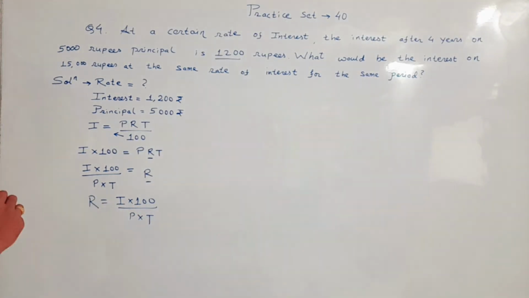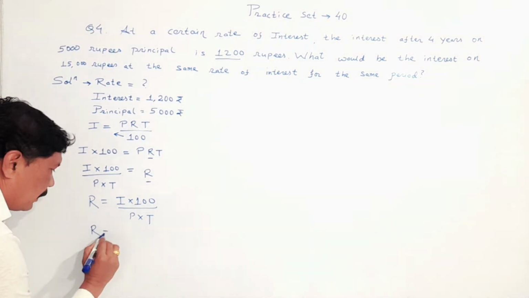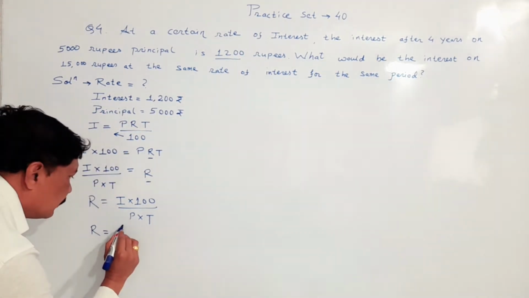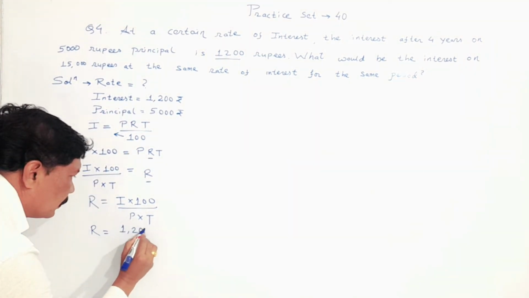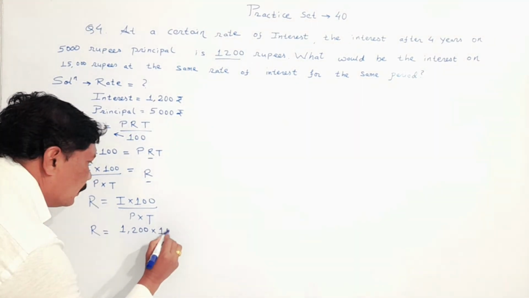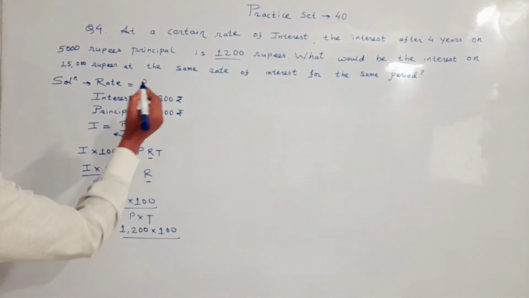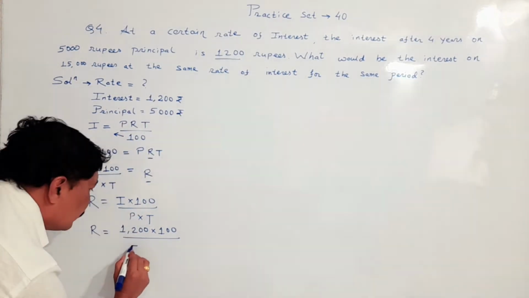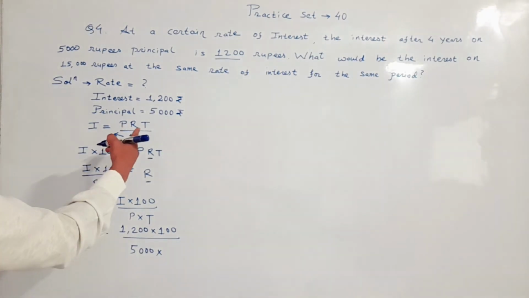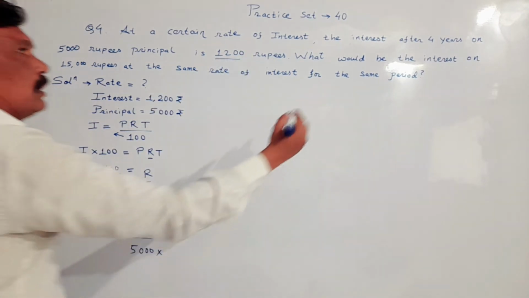My dear student, here we will put the value. R is equal to interest is 1,200 into 100 upon principal is given, that is 5,000, into time is given, that is 4 years.